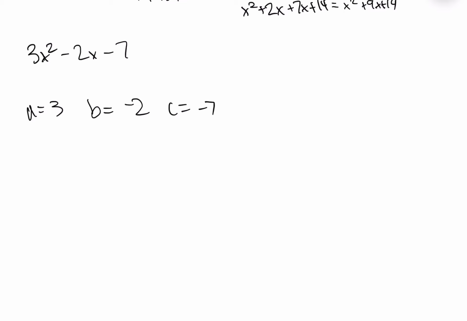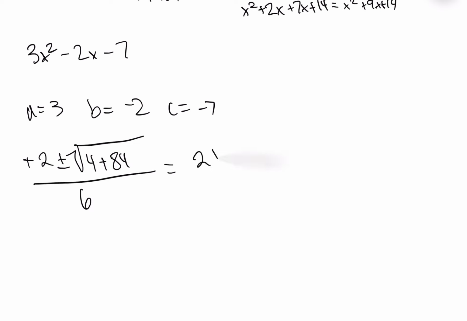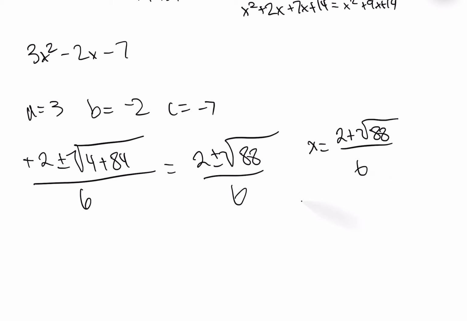So we have negative b plus minus square root b squared minus 4 times a, 12, times c, 84 over 6. 2 plus minus square root 88 over 6, and voila. Without simplifying it, we are given 2 plus square root 88 over 6 and 2 minus square root 88 over 6.